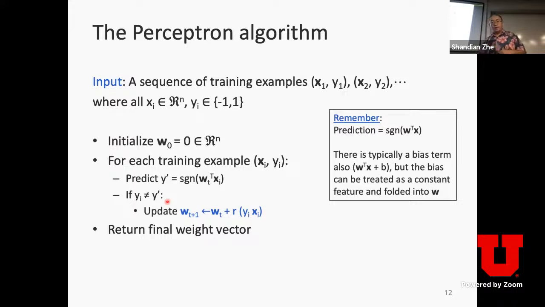But this form looks kind of similar to gradient descent. Right now we're not talking about any loss function for the perceptron algorithm, so let us treat it as just a heuristic rule. Actually, when Rosenblatt proposed his perceptron algorithm, he just proposed this updating rule from intuition, with no rigorous justification on this.